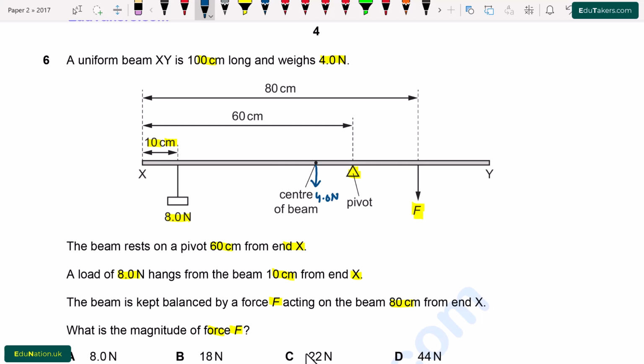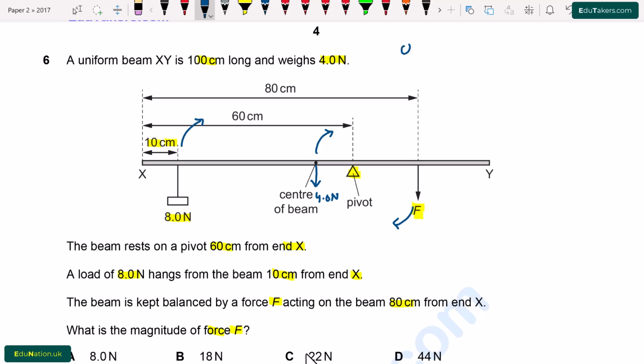Here I use the concept that the total clockwise moment will be equal to the total anti-clockwise moment. Here the clockwise moment is caused by this force, while the anti-clockwise moment is caused by this weight and also by this load. First of all, I calculate the clockwise moment.